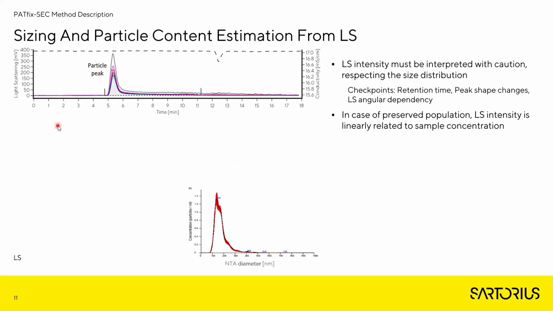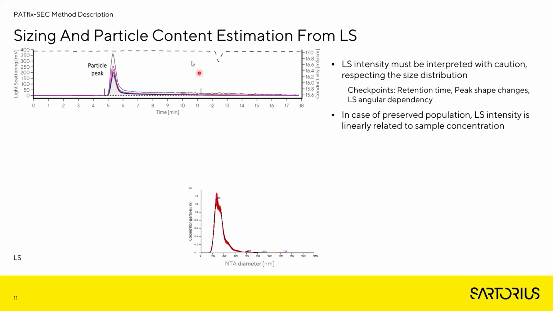The next detector I will describe is light scattering. Basically, the light scattering detector is very sensitive for particles. The larger the particles, the more intensively they scatter the light. Of course, the refractive index is also of importance here.